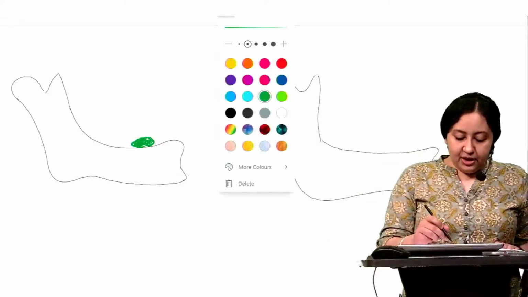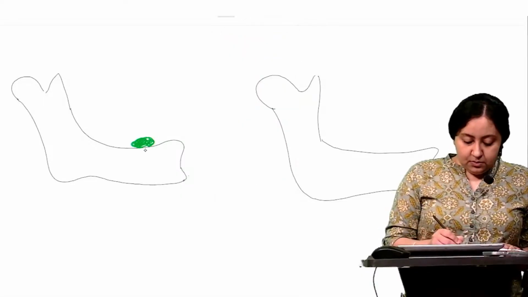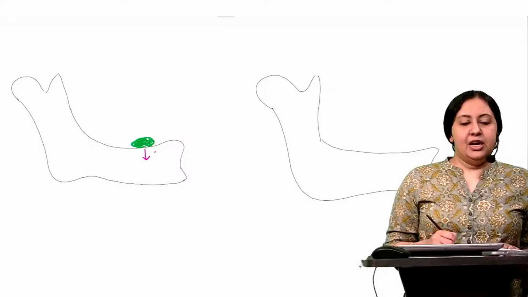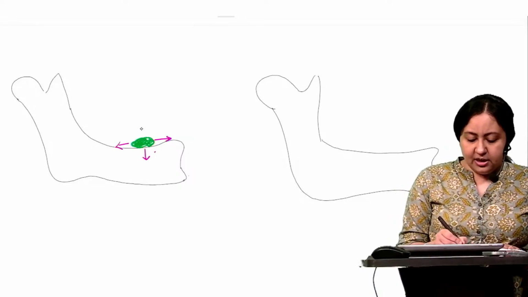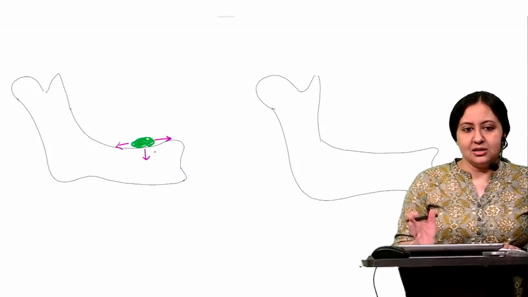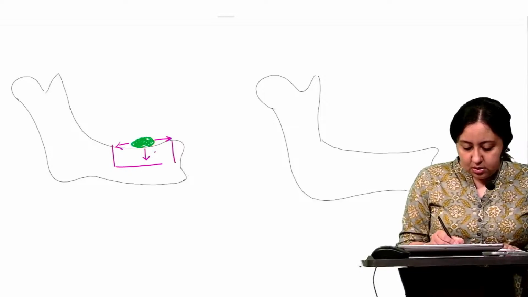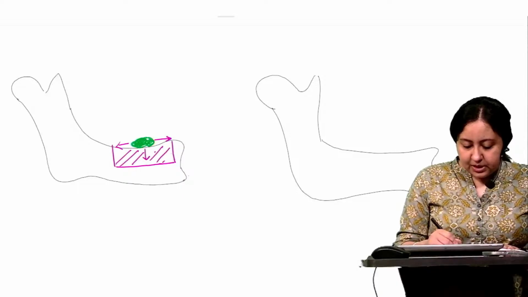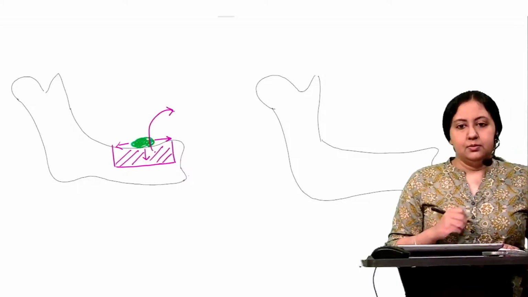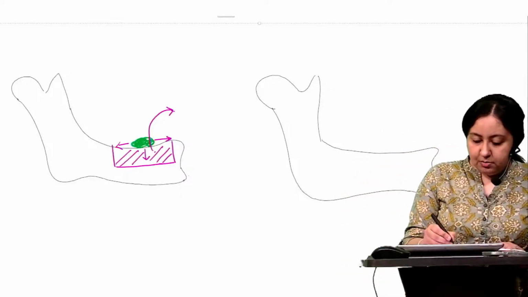Now if we have to resect, we'll go 1.5 centimeters below, anteriorly, posteriorly, and above there is no clearance needed because there is air. Alright. So we will resect this part. Okay. So this becomes your marginal resection.